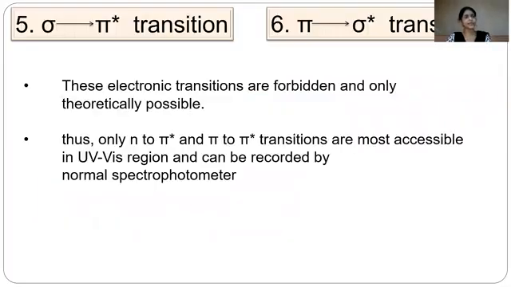Practically, they are not possible, and are known as forbidden transitions. In ultraviolet visible spectroscopy, mainly two transitions are recorded, n to pi antibonding and pi to pi antibonding. These two transitions can be recorded by a normal ultraviolet visible spectrophotometer.